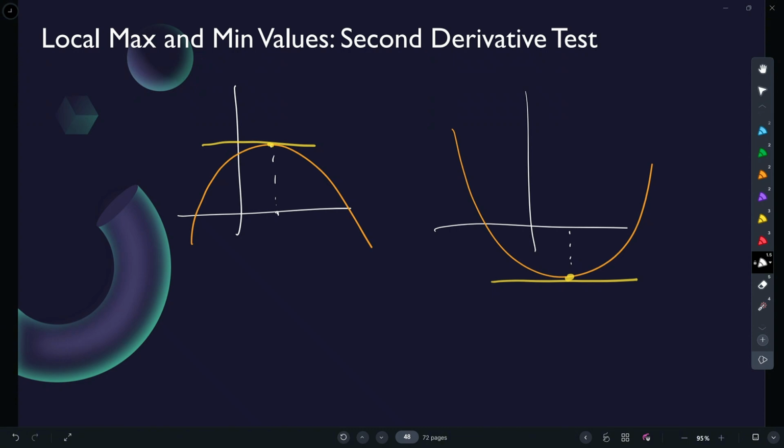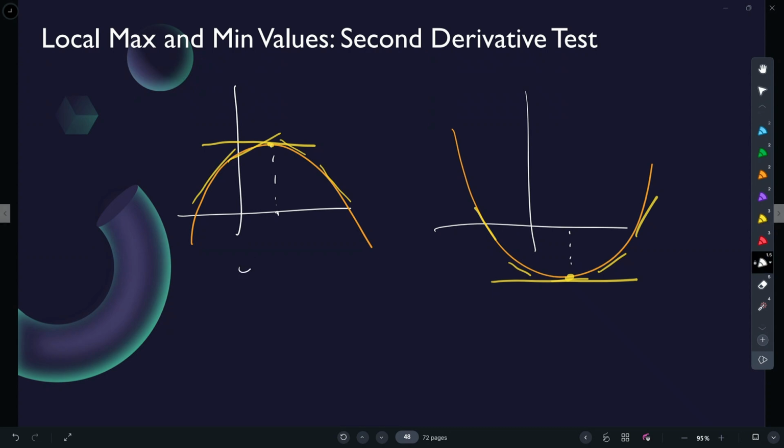How do I tell that one is a local max and the other one is a local min? By looking at the second derivative. Because here, the tangent line from left to right is losing slope. The slope is decreasing, while here, from left to right, the slope is increasing.